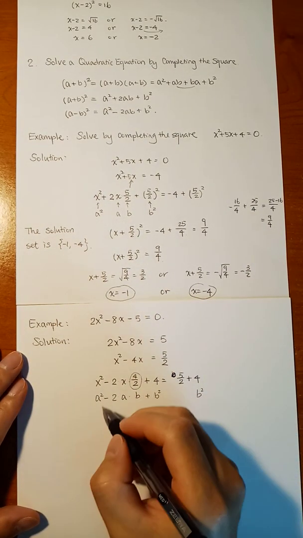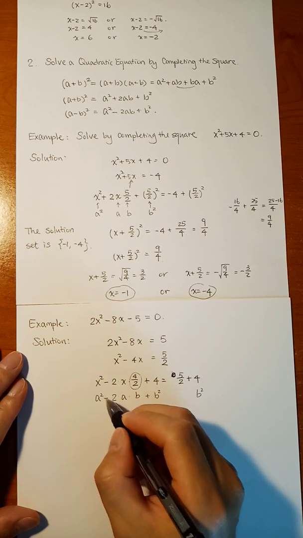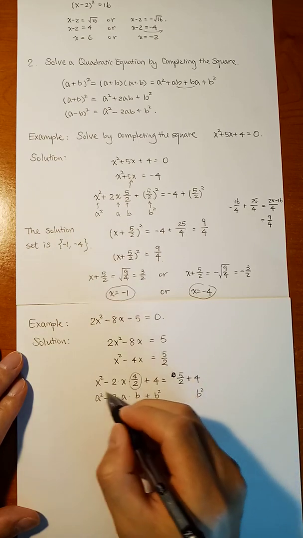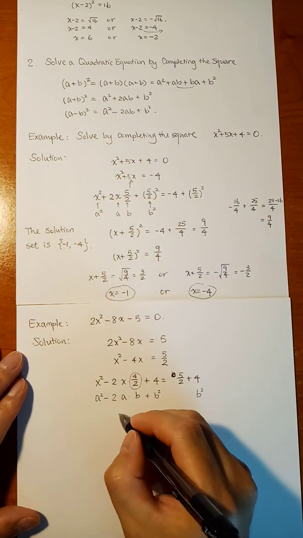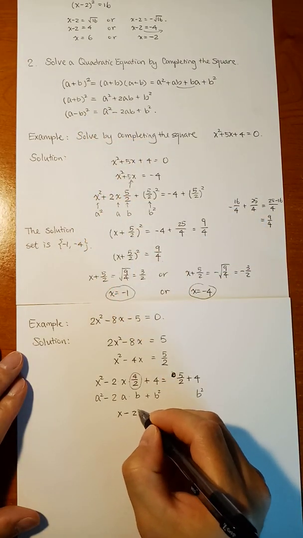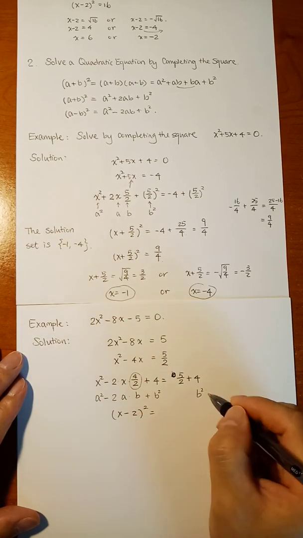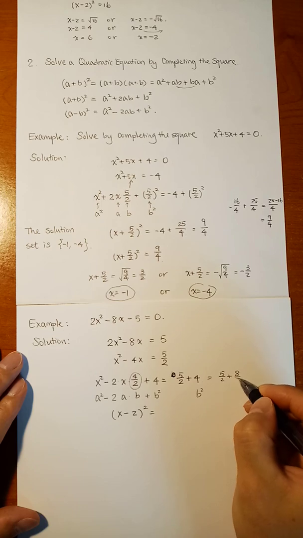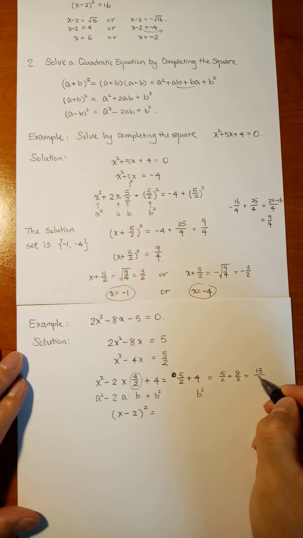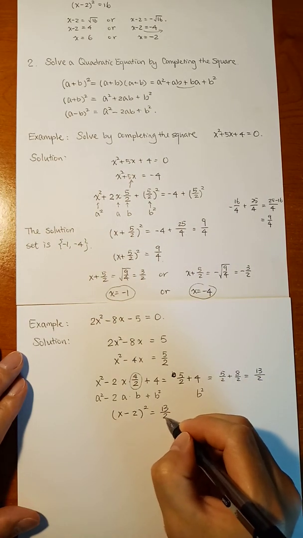Okay, so a squared minus 2ab plus b squared. So the left hand side becomes a minus b quantity squared. So it's x minus 2 quantity squared. The right hand side, it's 5 over 2 plus 8 over 2 is 13 over 2.